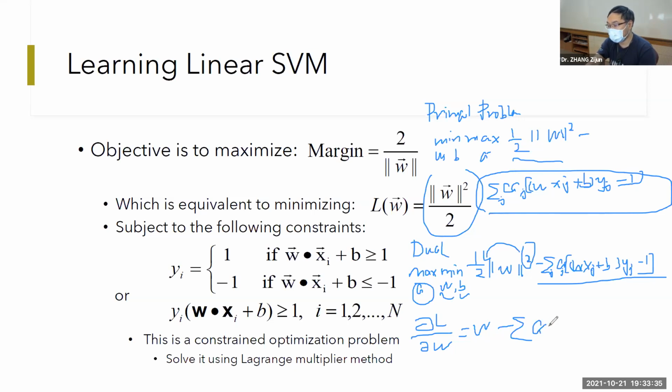So it will be alpha_j multiplied by y_j multiplied by x_j for all the j. Because b here is treated as a constant, it is not related to w, so this term disappears and the last term disappears. So here this w becomes 1 by taking the derivative.